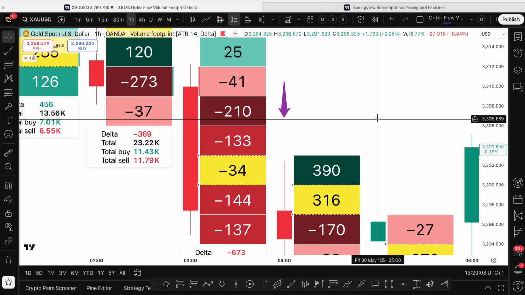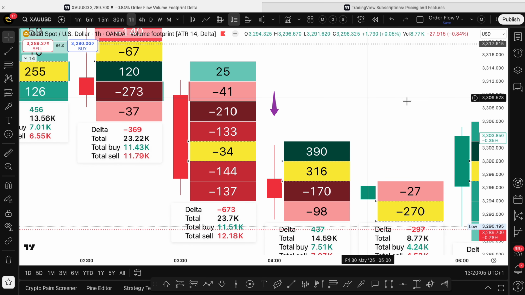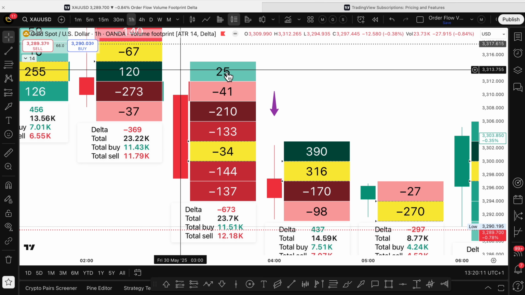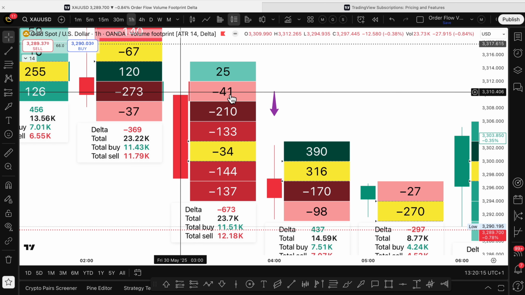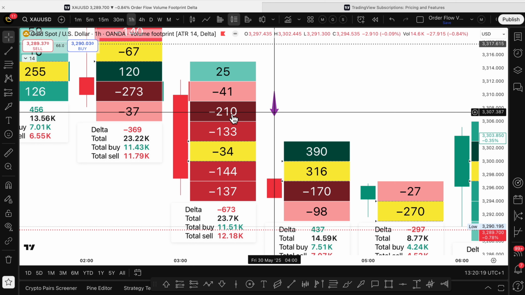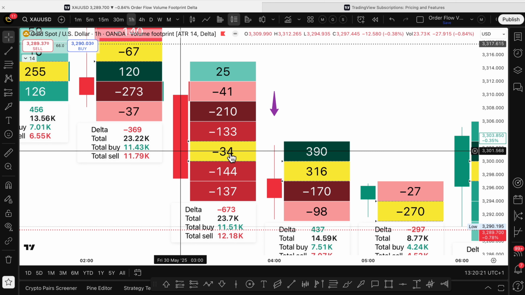Now what you can see is you've just got one column. It's much easier to understand. You can see here that we've got 25 more buyers here, minus 41 sellers in control, minus 210 sellers in control, and this yellow box now has a negative or a positive, so you can see here it's minus 34.